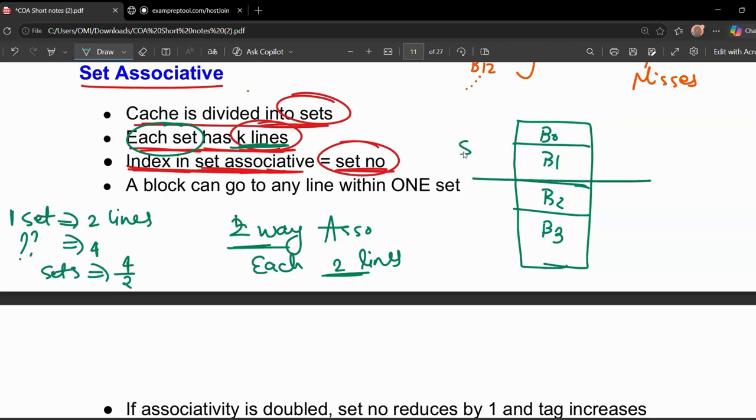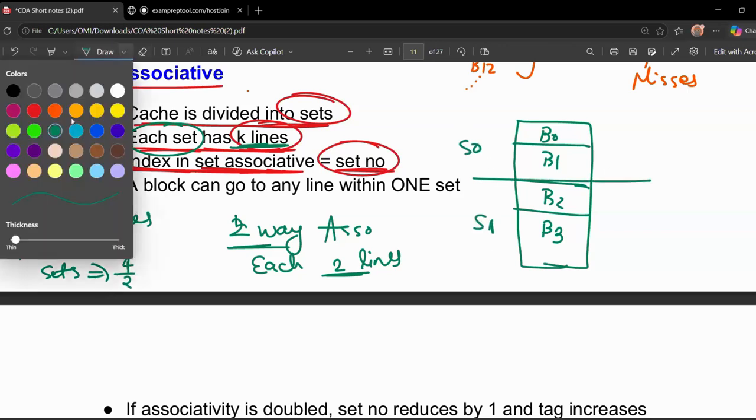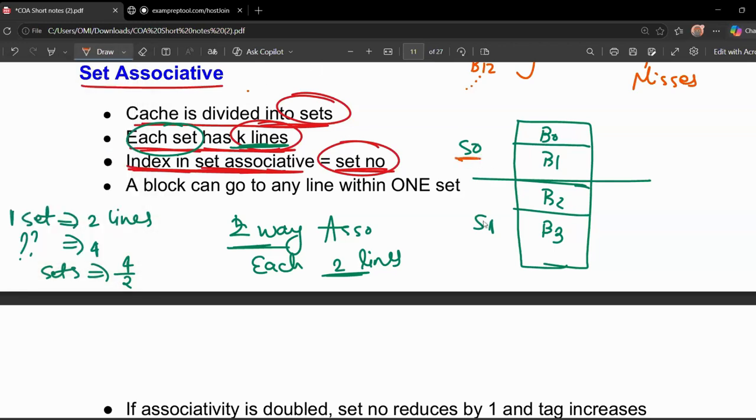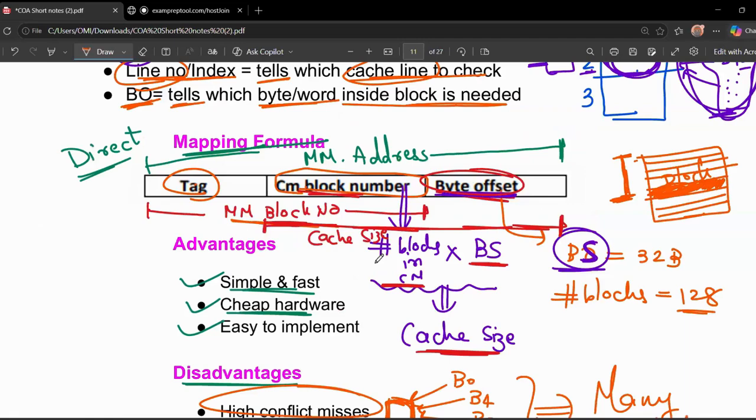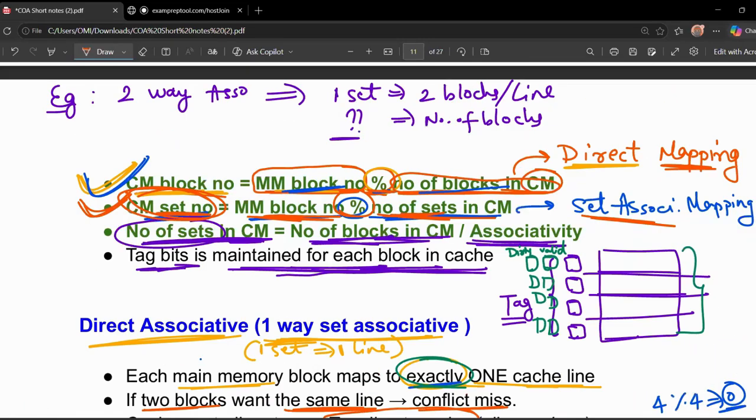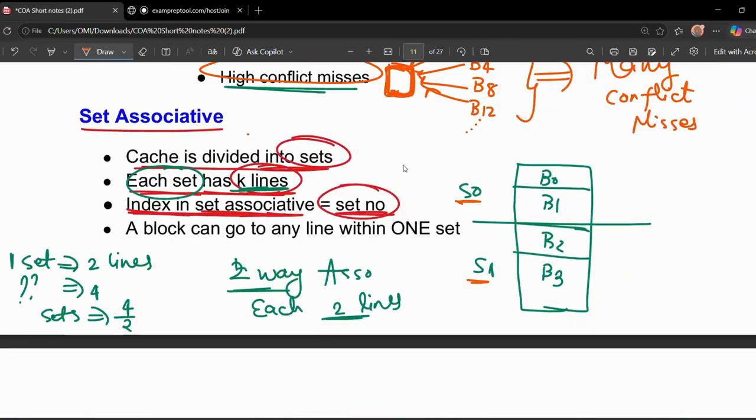We divide the cache into set 0 and set 1. Now the mapping formula says you just take mod with the total number of sets. This is just for your understanding that four blocks are present.